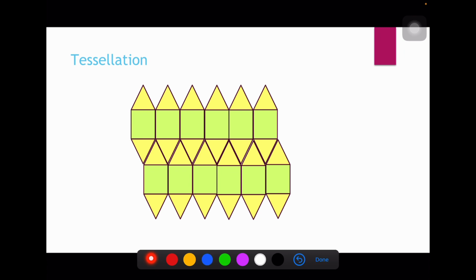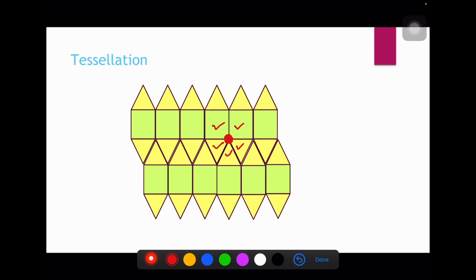For this one, we have to find the vertex, and the vertex looks like it's here. Let's say that's the vertex. So we have 1 triangle, 2 triangles, 3 triangles. This is supposed to be a square and another square.